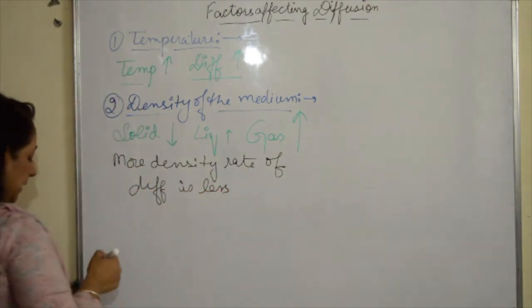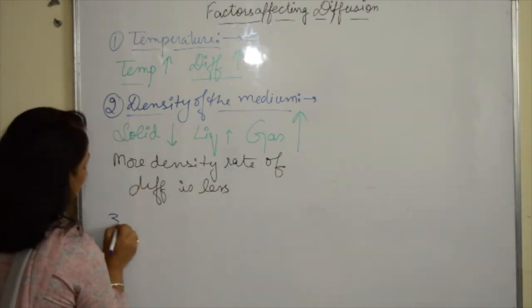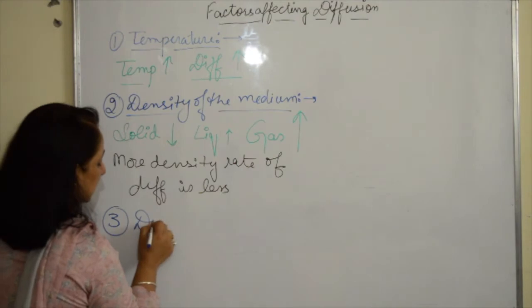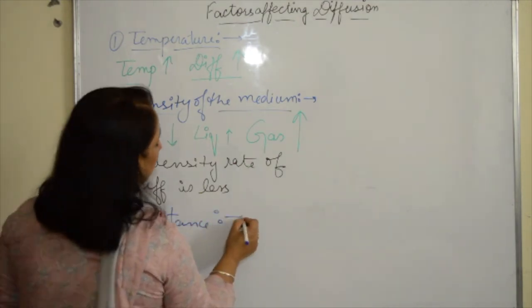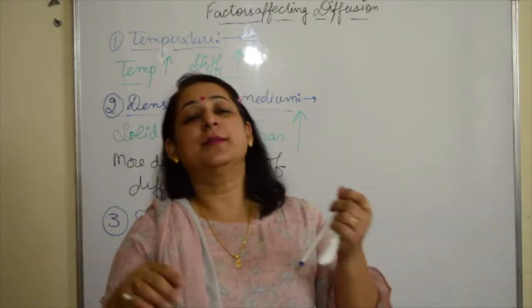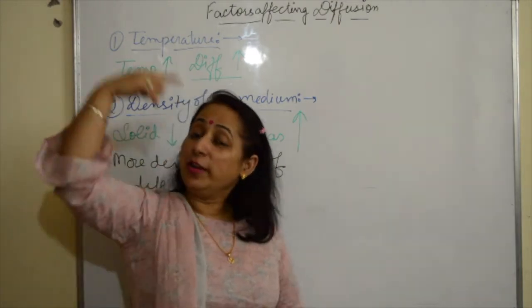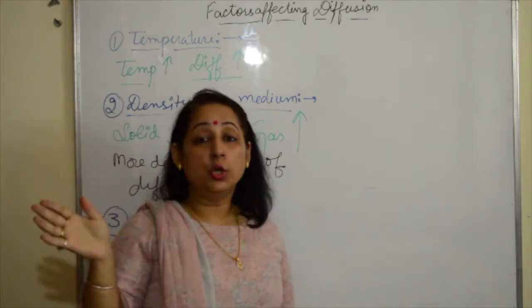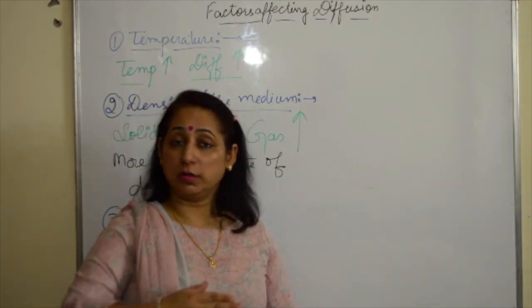Fine. Next is our third factor which affects the rate of diffusion, and that is the distance. How does distance affect the rate of diffusion? So we'll again take that example. Suppose food is being cooked in your house, or agarbatti is there in your house. Will your neighbors be able to smell it? No, because it's not going to move to a great distance.